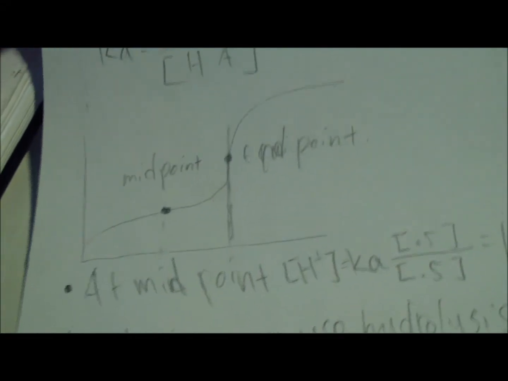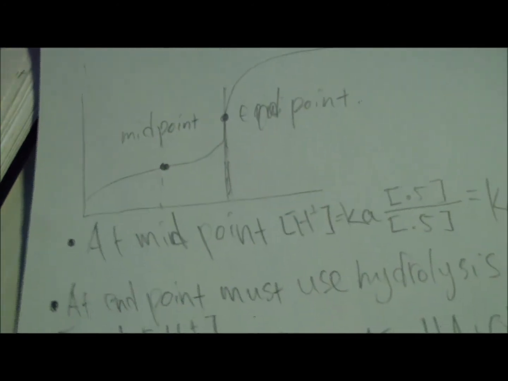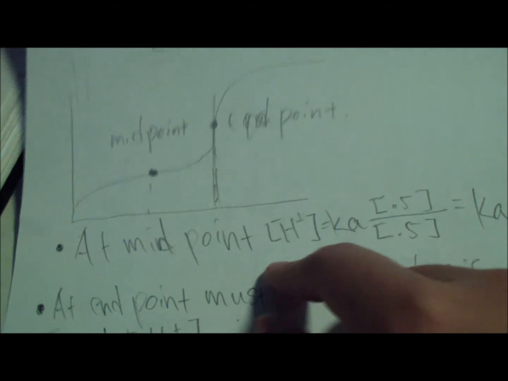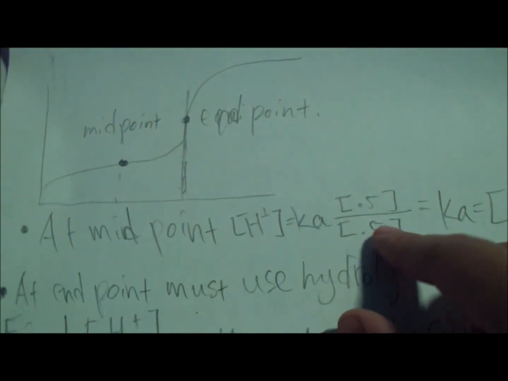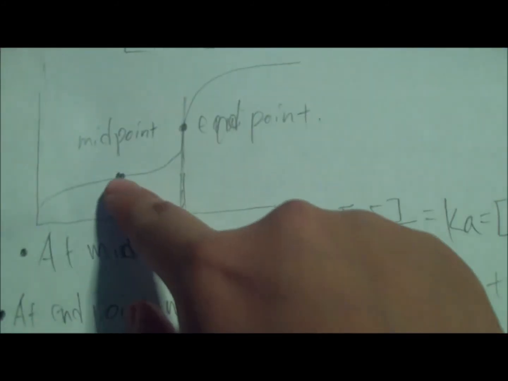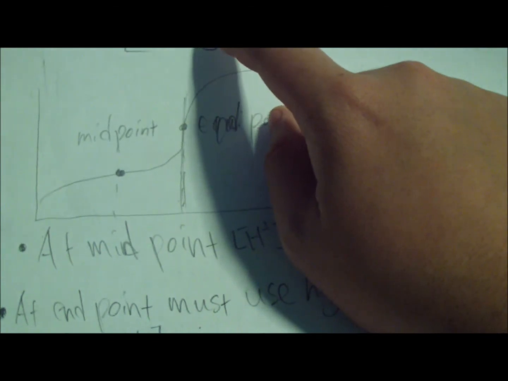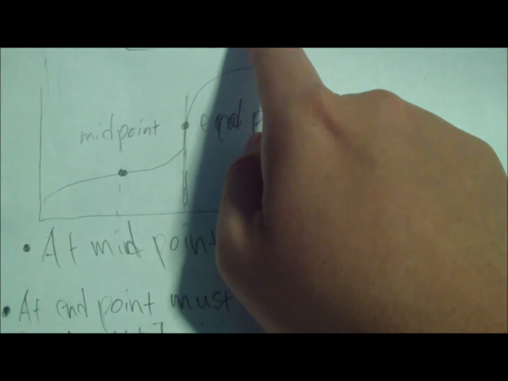And right here, I drew a graph to represent the titration curve. At the midpoint, which is here, H plus equals Ka, with molarity 0.5 over molarity 0.5, because at the midpoint, half of the HA dissociates to make A minus.